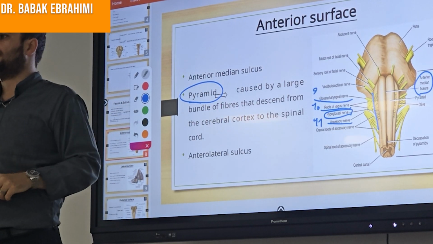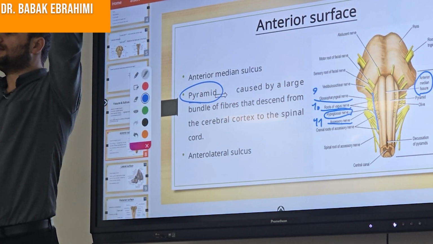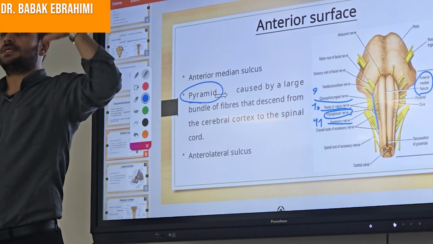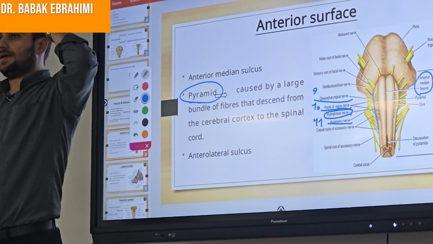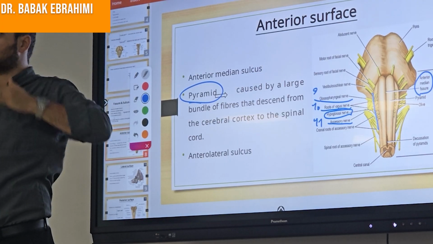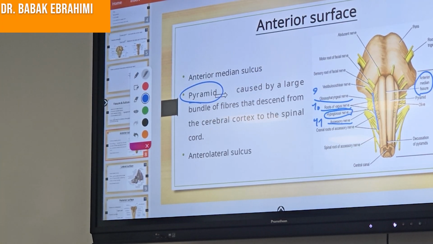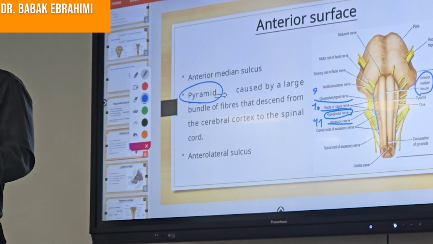What is the pyramid? The pyramid is all of the fibers which start at the cerebral cortex and go to the spinal cord. So is it sensory or motor? Start at the cortex, go to the spinal cord: motor.